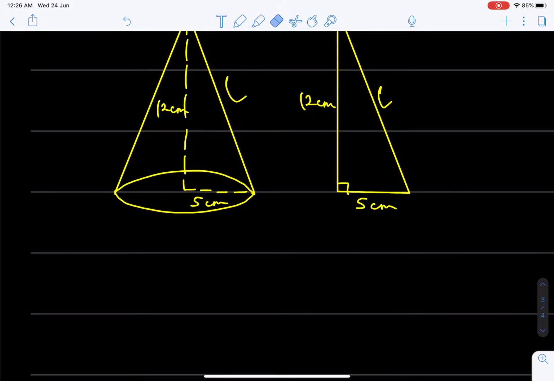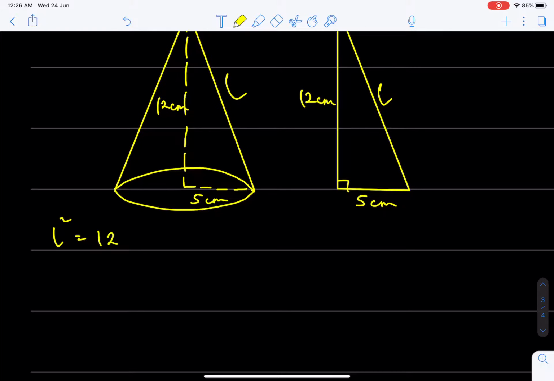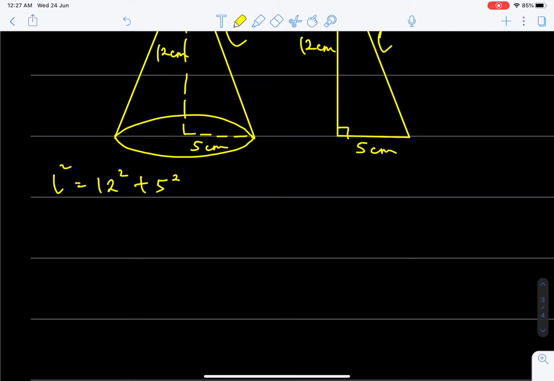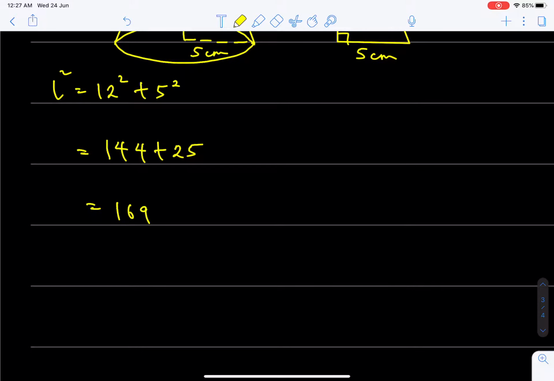Using Pythagoras Theorem, we know that the square of the hypotenuse, which is L here, is the same as the sum of the squares of the lengths of the two other sides. So that means L squared is the same as 12 squared plus 5 squared, and that's 144 plus 25, which is 169.